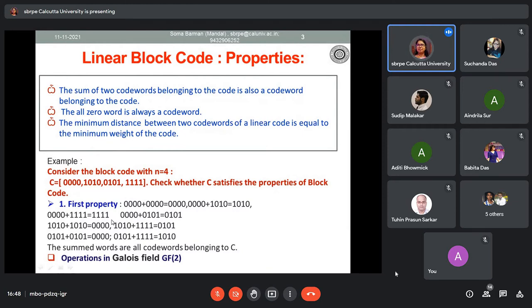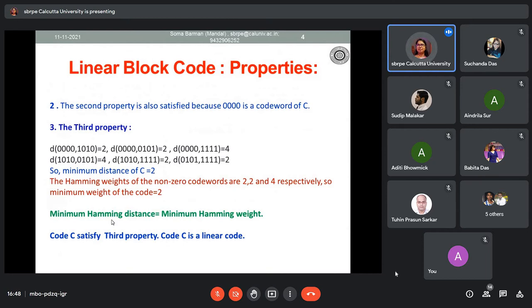Now we are calculating the minimum distance between two code words. The third property is the distance calculation property.